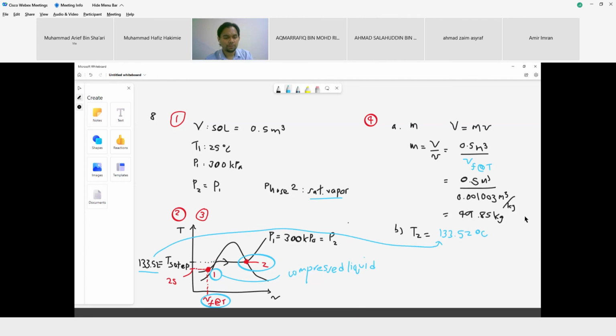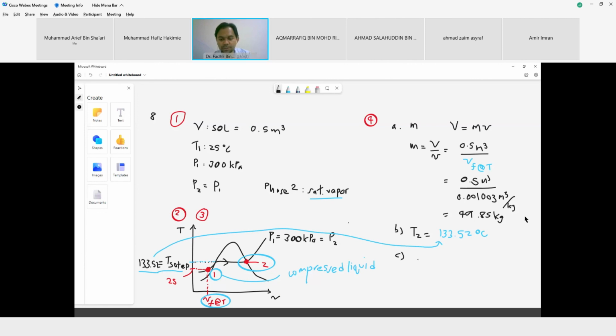Sebab dia sama garisan. Garisan yang sama dengan di set. Okay. Untuk B, untuk C, determine the total enthalpy change.